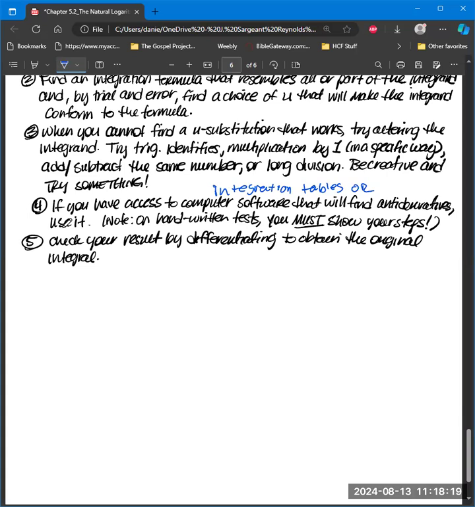If it's a definite integral, go ahead and do it as an indefinite integral just to see what type of function it shows up with. That'll give you some hint which direction you're supposed to go in, but don't just write down the answer and not figure out how to perform the steps, because on the test, you're going to have to show your steps for credit, and you're not going to be able to use that software to just do it for you.